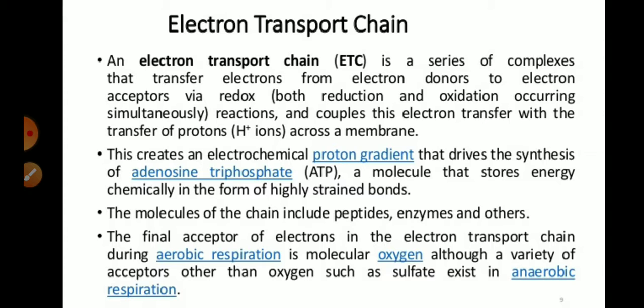So what is the electron transport chain? What actually is the reaction? The electron transport chain is a series of complexes that transfer electrons from an electron donor to an electron acceptor via redox reactions, and couples this electron transfer with the transfer of protons, H plus ions, across a membrane.